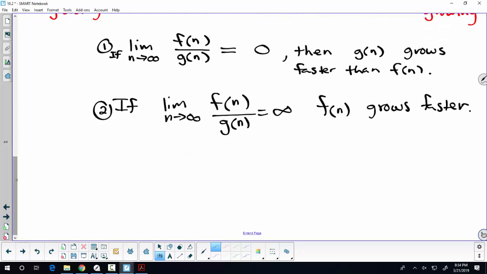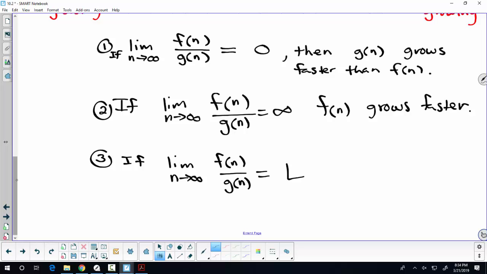But the other one is, we've seen time and time again, the limit of a quotient could equal a finite number too. So if the limit at infinity of that equals some finite number, then that means they grow at the same rate. We would say they grow at comparable rates.